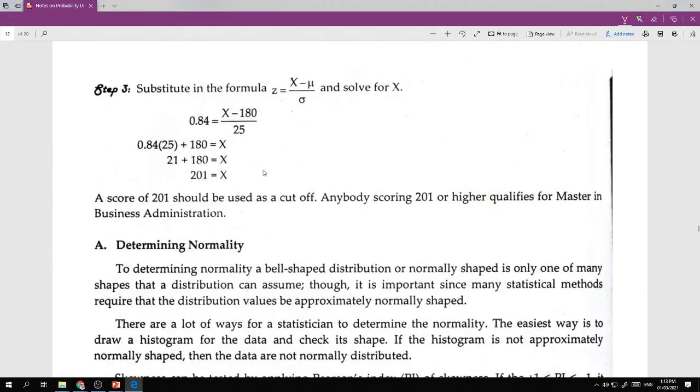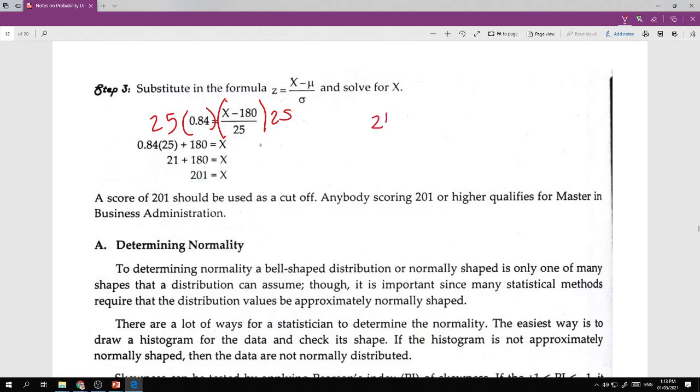Mao nang 0.84 is equal to x minus 180 over 25. Unya, i-multiply na to both sides by 25. This is 25 times 0.84.